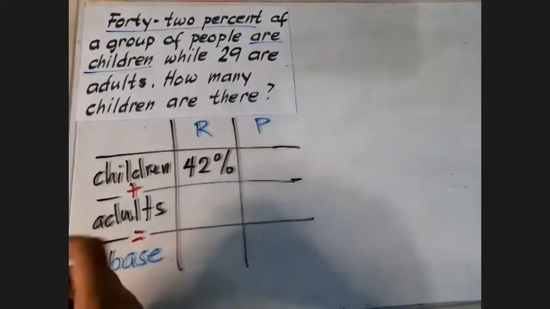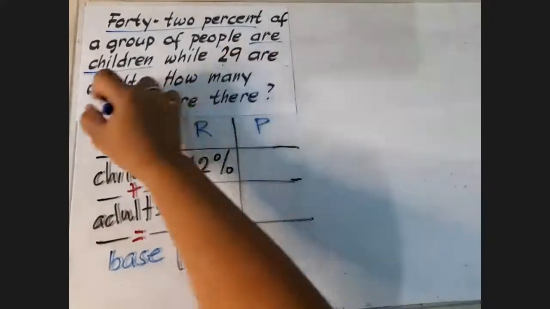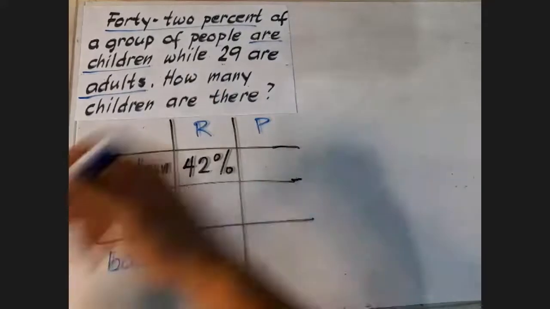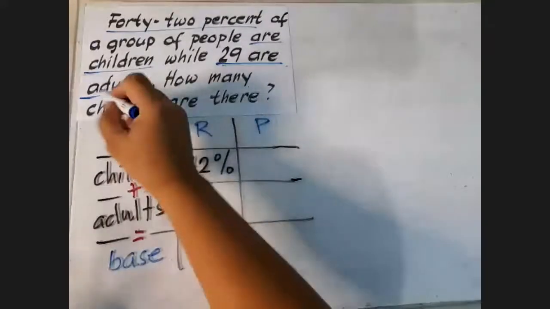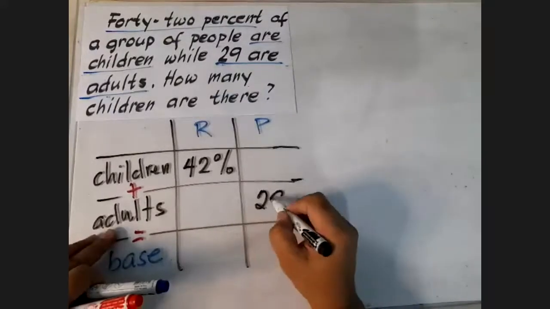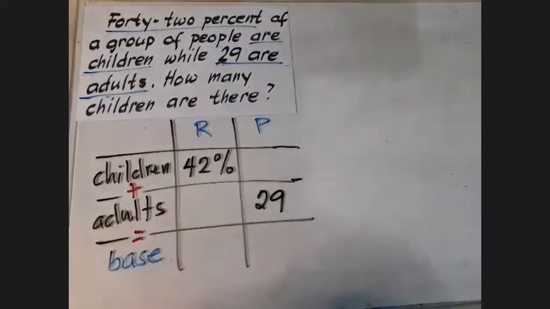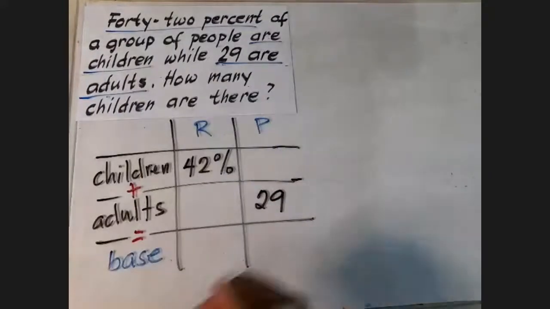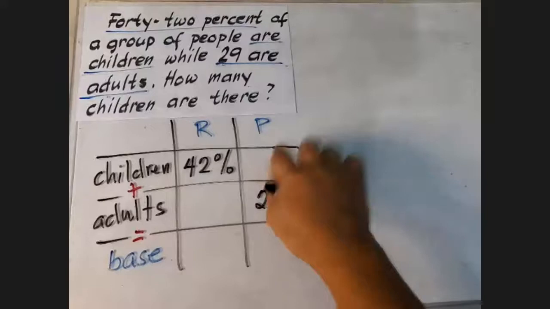At ang description ng 29 ay adults. So 29, ito yan, 29 are adults. So that will be under P, adults. 29. Ang itinatanong, how many children are there? So we are asked of the percentage ng children.